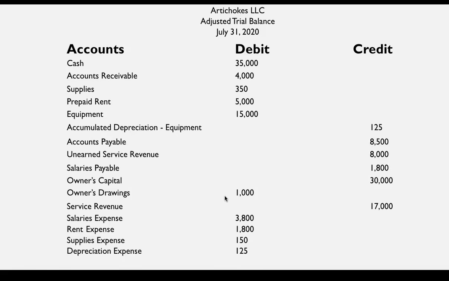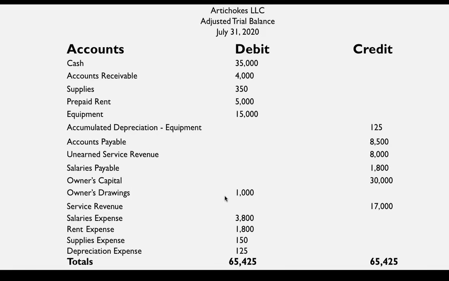Just like we did in the initial trial balance that we made, we now need to total up all of our debits and total up all of our credits to make sure that the two sides equal. So when you add up all of your debits and you add up all of your credits, each side should equal $65,425.